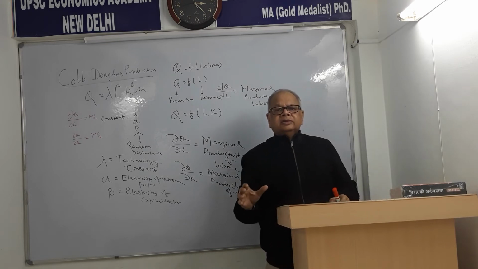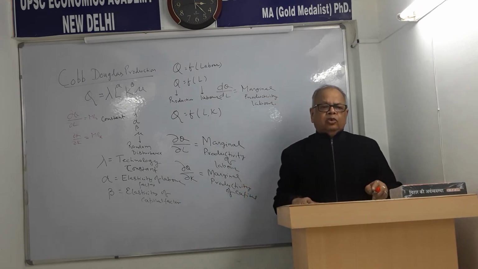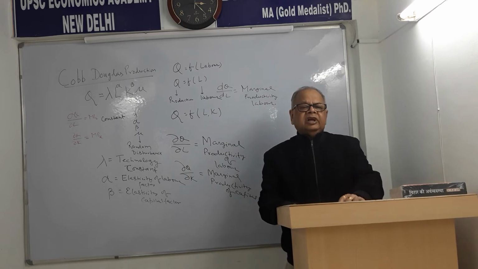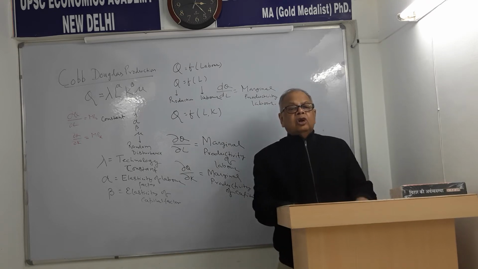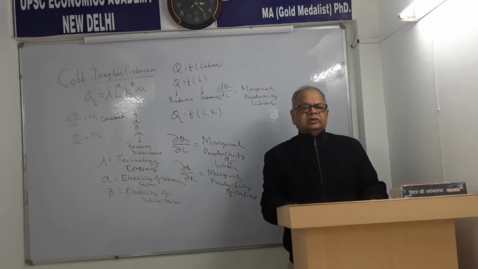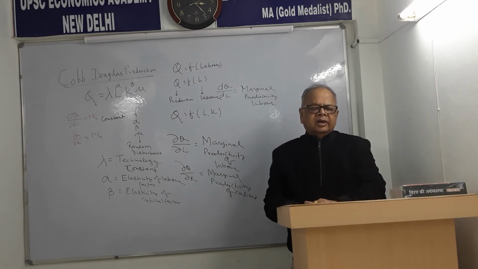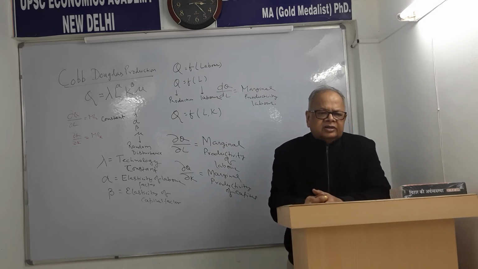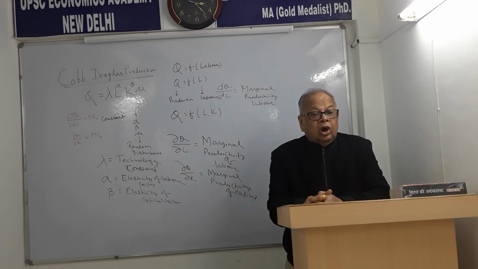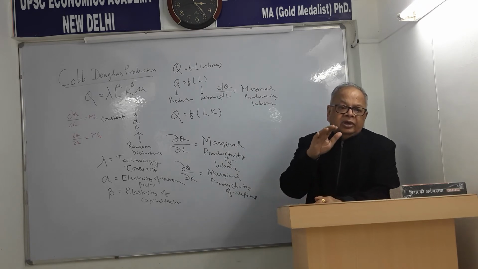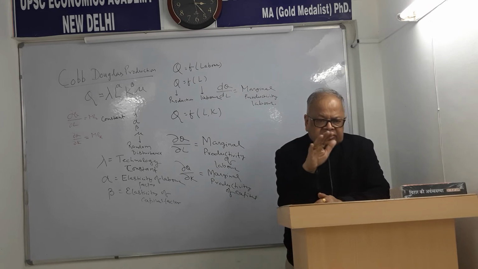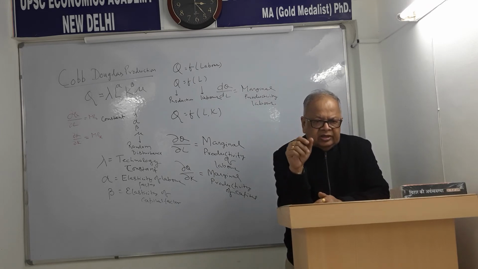In economics, modern economists like Stigler, Paul Samuelson, Mrs. Joan Robinson said that laws of returns should be explained through law of variable proportions, which will have three stages: stage 1, stage 2, stage 3.